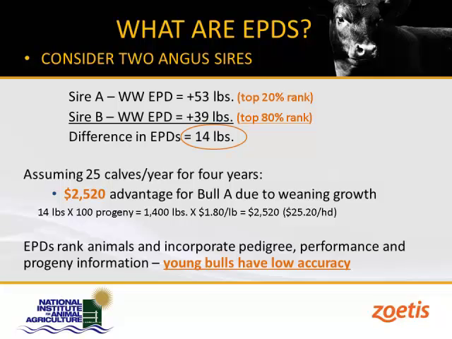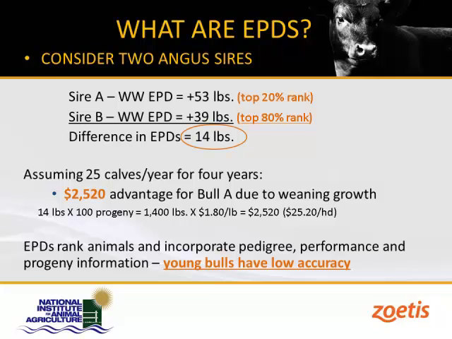And of course, that can equate to real dollar differences in more pounds across the scale at selling time. So that's the real simple part of EPDs. The key operative there is ranks. And then the other key takeaway is that young bulls that are bought by commercial cow-calf producers typically have relatively low accuracy. And so there's error associated with their EPDs.